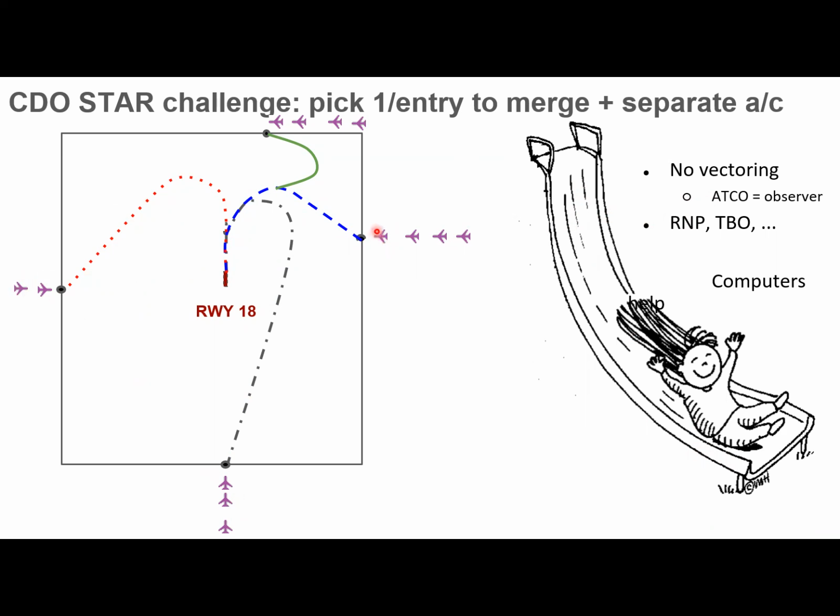You can say, these guys, you just go into a hold. I will route the aircraft from the south, and then maybe an aircraft from the west and north, and so on. But you probably don't want to move the aircraft into the holding pattern for too long. You really want to slide them through these STARs as they arrive.